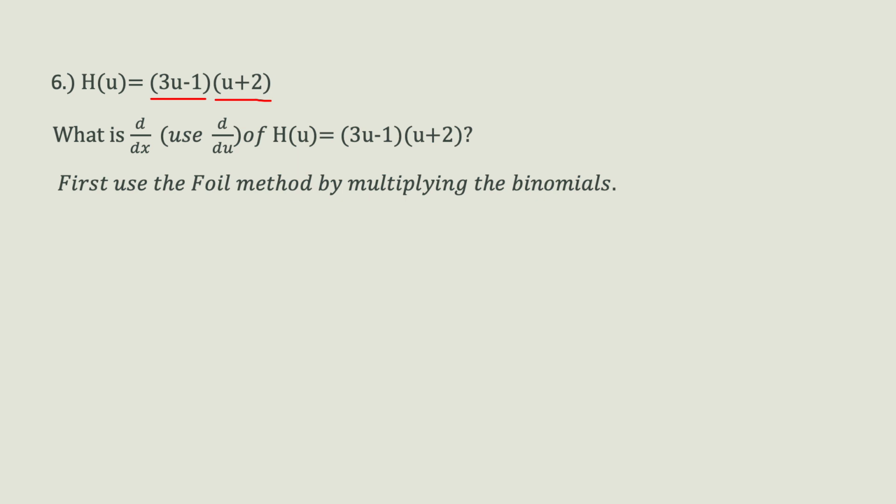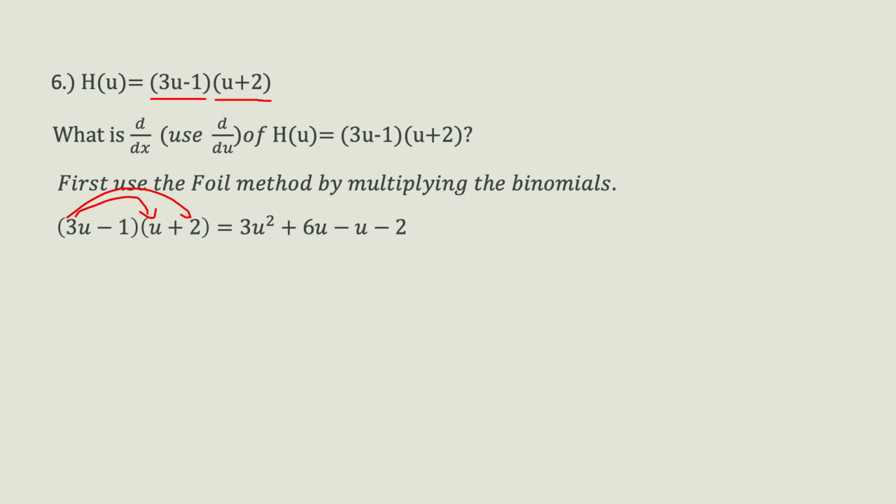So we have 3u minus 1 multiplied by u plus 2. When we multiply using the FOIL method, we multiply 3u times u, so we get 3u squared. Then we multiply 3u times 2, so we get plus 6u.